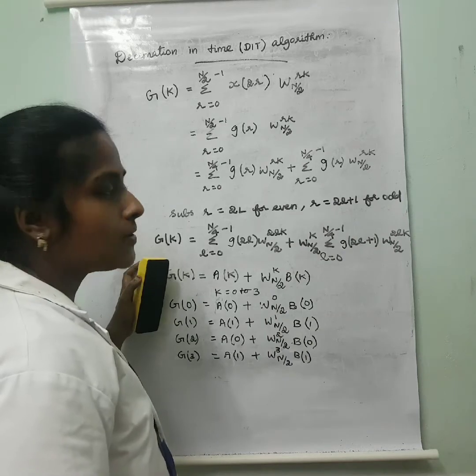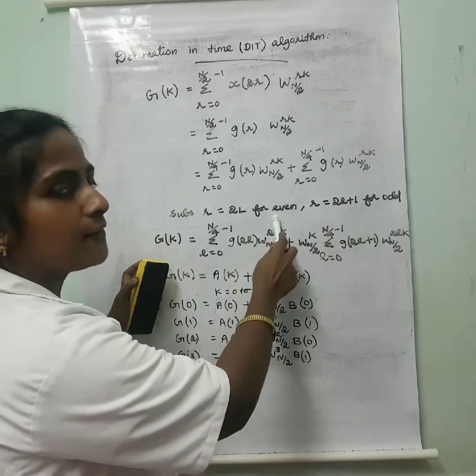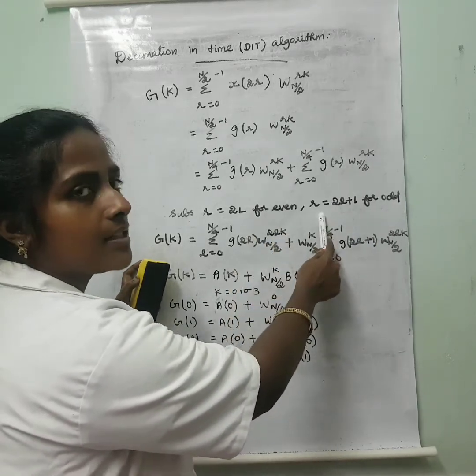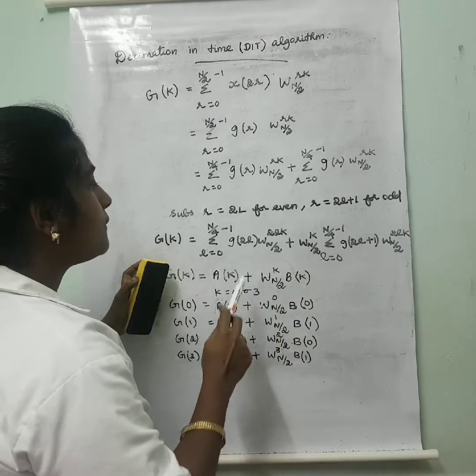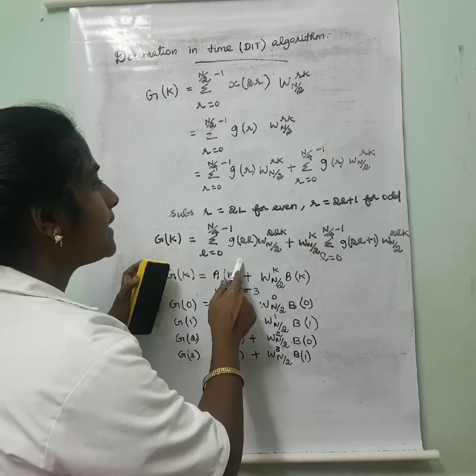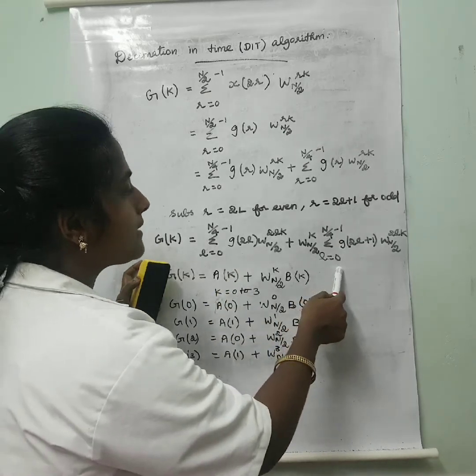Now, substitute r equal to 2l for the even part and r equal to 2l plus 1 for the odd part. So, in the place of r, substitute 2l in the even part and 2l plus 1 in the odd part.